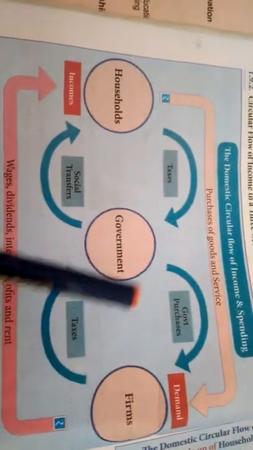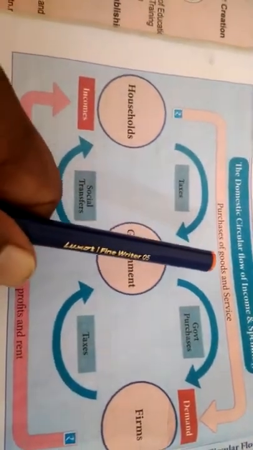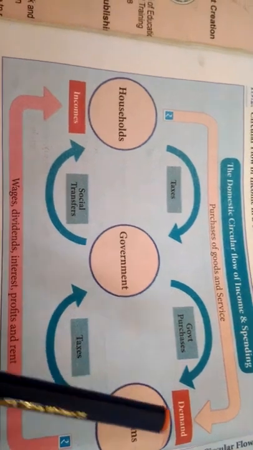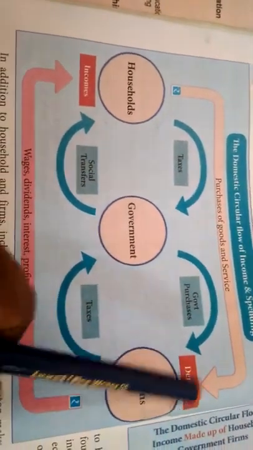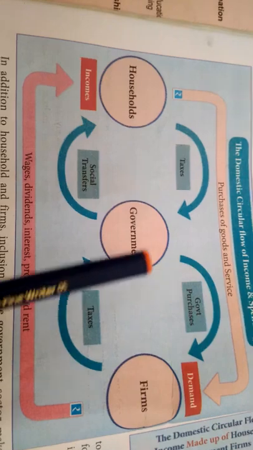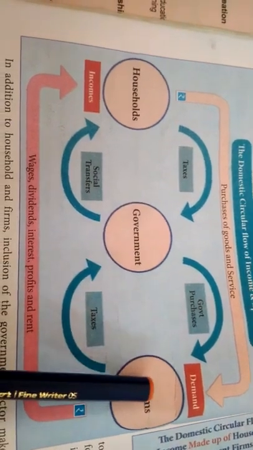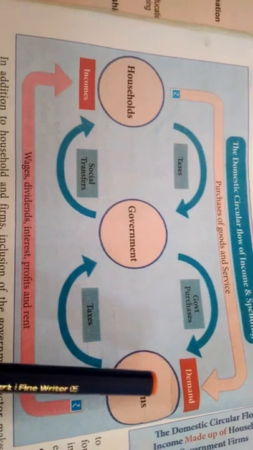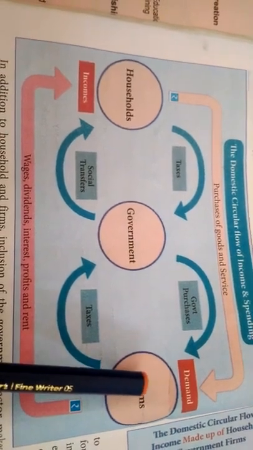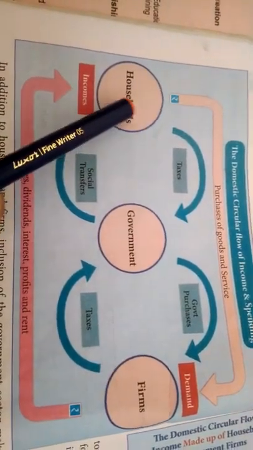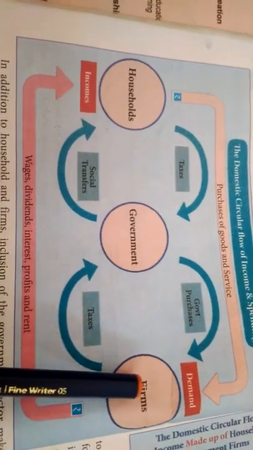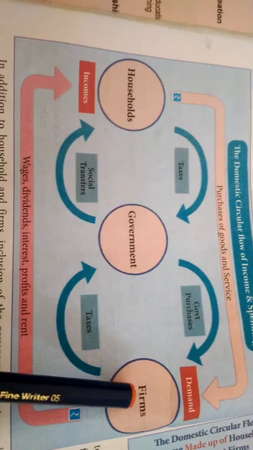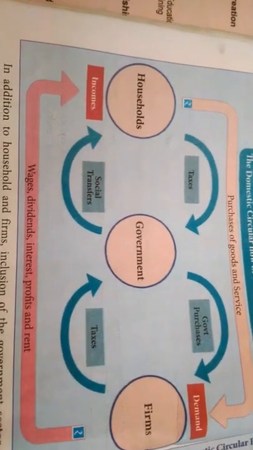Next, the purchase of goods and services from household to firms. On the basis of the demand, the firms produce the commodity. So whatever demand is created by the household is fulfilled by the firms, and for that the purchase of goods and services goes to the firms.